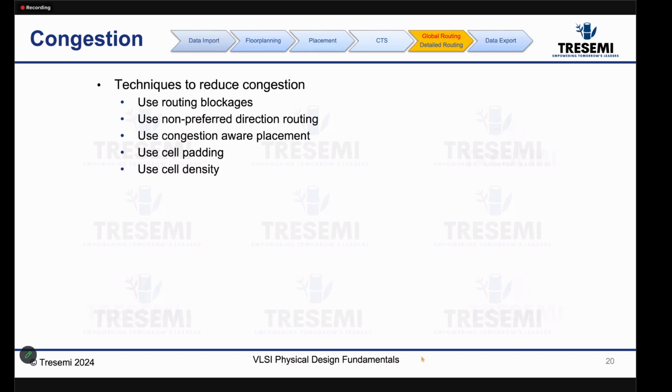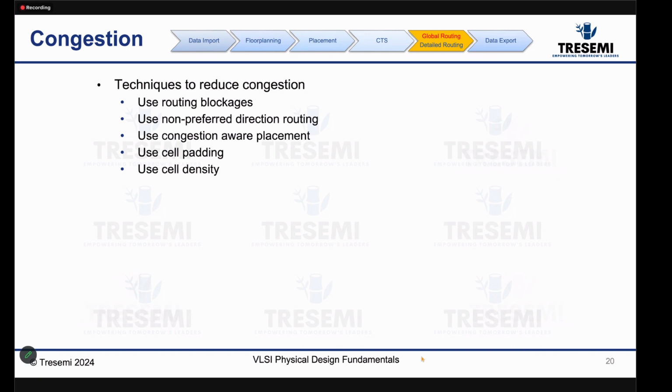So if the congestion was pretty good after CTS, and then you come into routing and you have some congestion, usually that's local, right? Then hopefully we can look at that and try to understand what's wrong, right? Did we miss something?